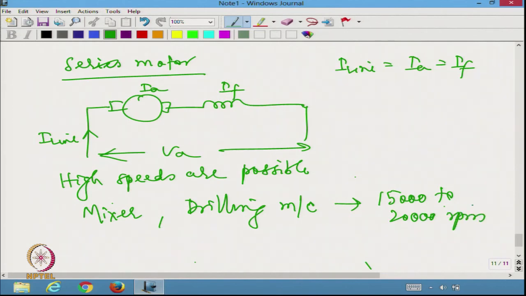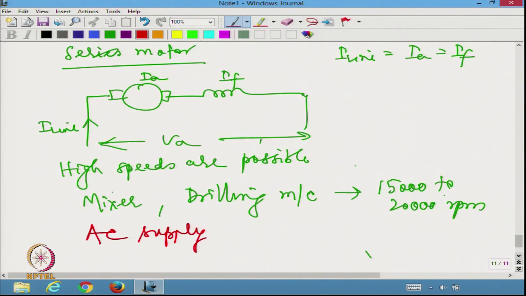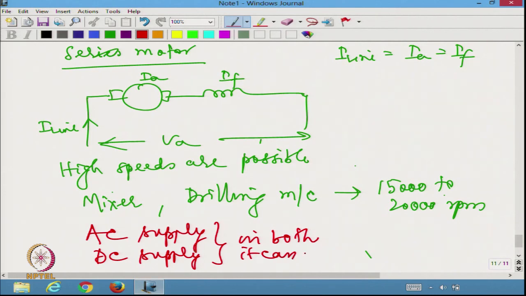But please note, at home what we have is AC supply, there is no DC supply. So, a series motor can work on both AC as well as DC supply, and if it can work on both, then we call that a universal motor.